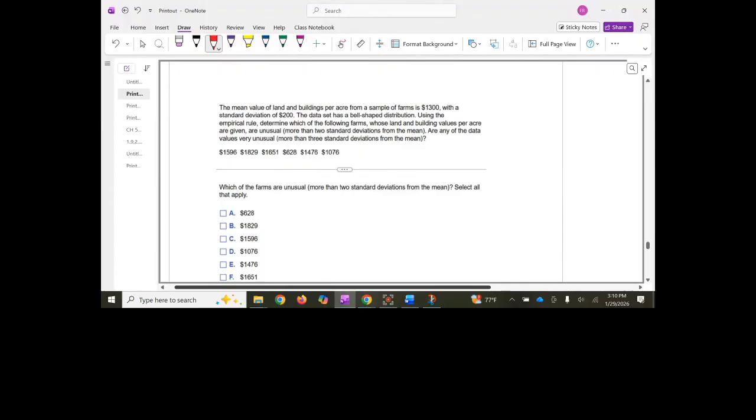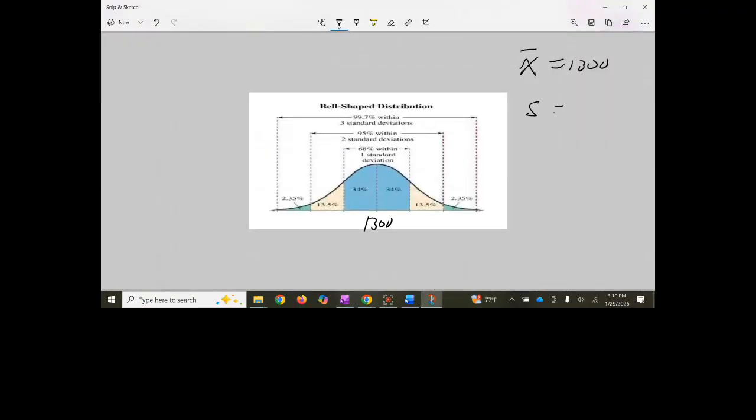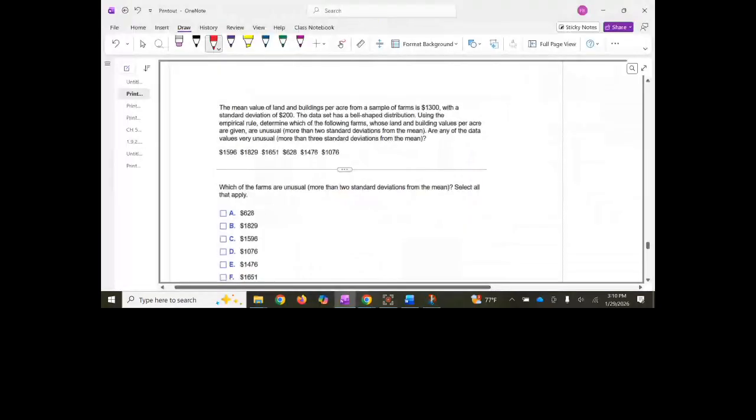Standard deviation is 200. So my standard deviation is 200. So y'all, this number here should be 1,500, 1,700, 1,900, right? If we start to subtract, 1,100, 900, 700, right? Okay, I'm going to come look at my picture.